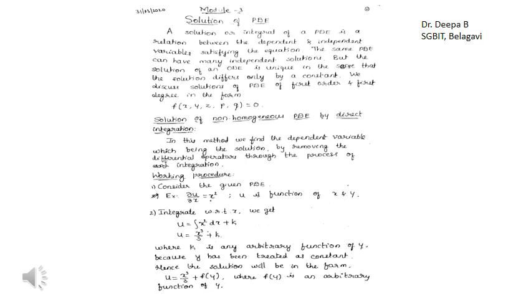The general form is f(x, y, z, p, q) = 0. Here x and y are independent variables, z is the dependent variable, p is ∂z/∂x, a first order, first degree differential term, and q is ∂z/∂y, also a first order, first degree differential term. This is the general form of PDE for which we are going to find the solution.